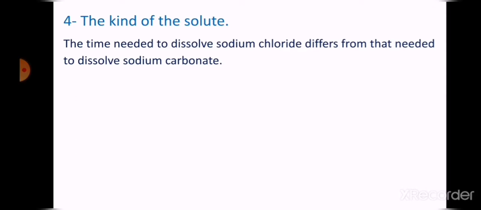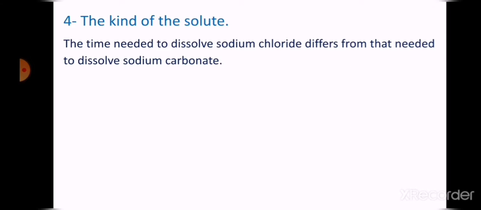So the kind of solute affects the solubility process.